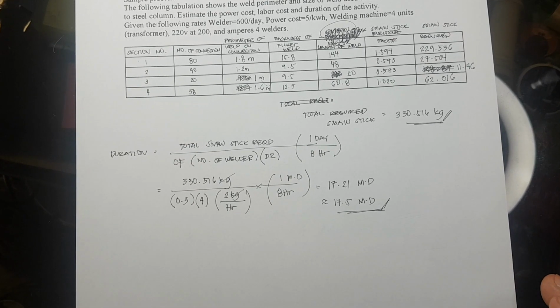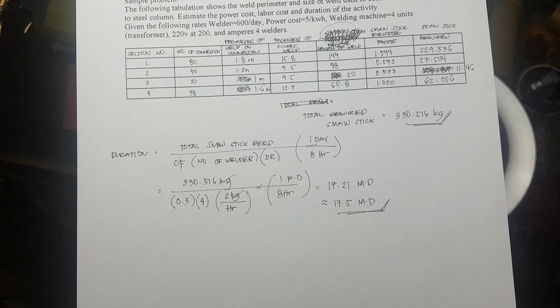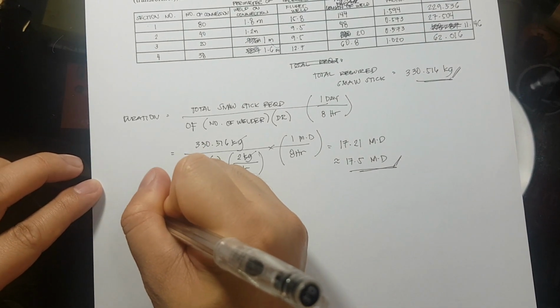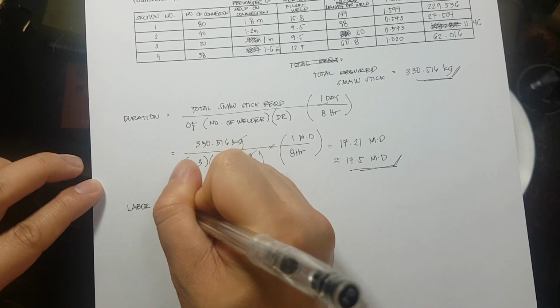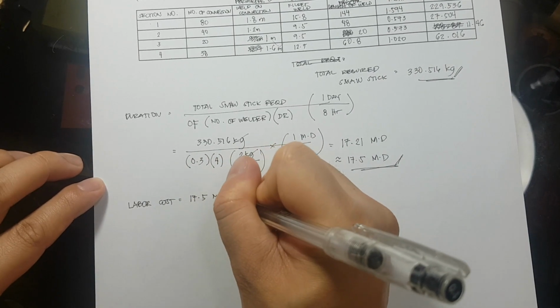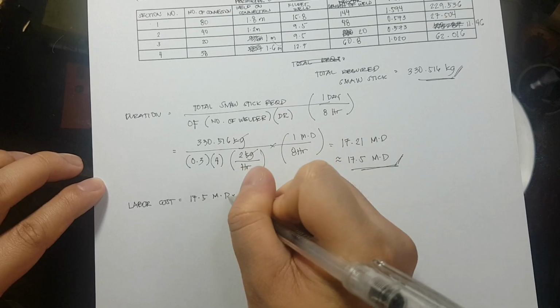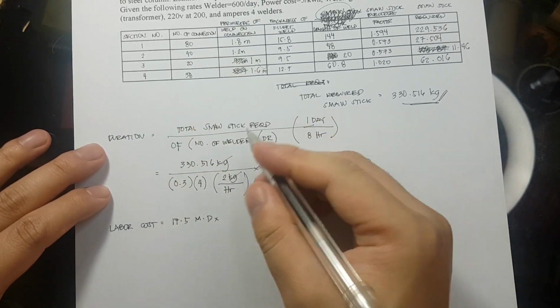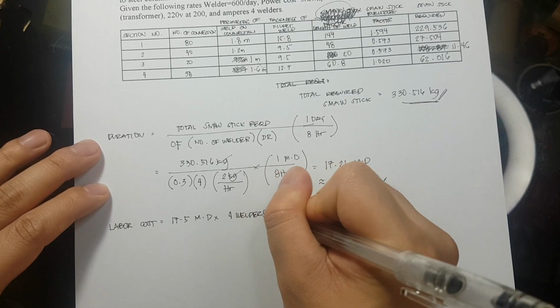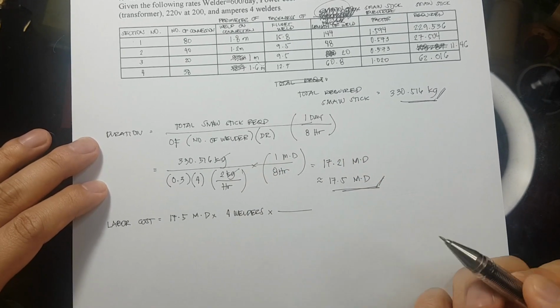Now, for the labor cost, it is equivalent to 17.5 man day times. Ilan yung worker natin? 4 welders times, magkano rate nila per day?